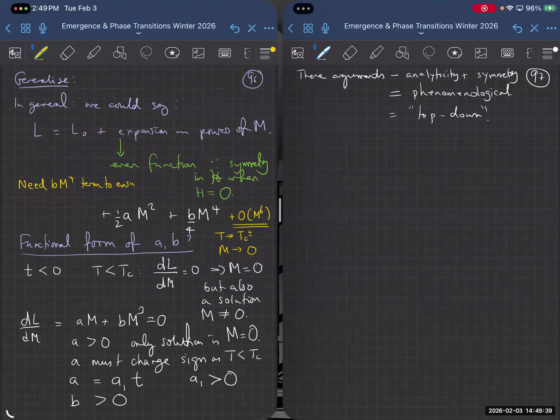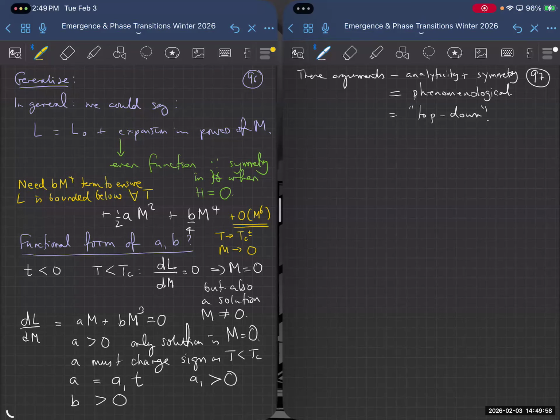to ensure that L is bounded below for all temperatures.